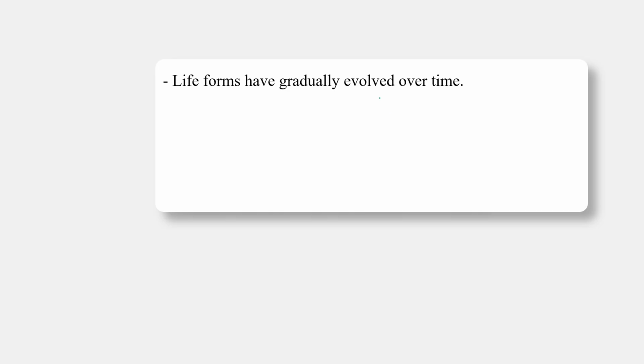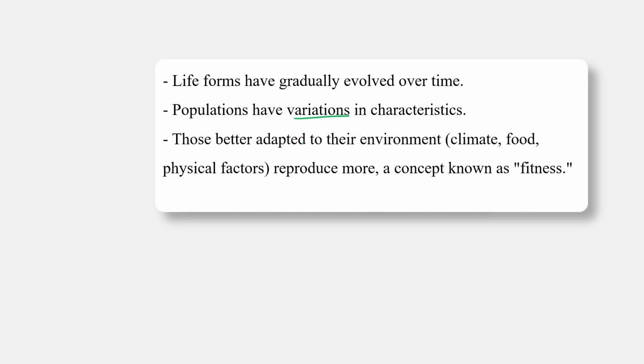Life forms have gradually evolved over a passage of time. Different populations have variation in character. So those populations or individuals who are better adapted to the changed environment, in the sense of the changed climatic condition, changed type of food or physical factors, or who are able to reproduce more in the changed environment, nature actually selects them.